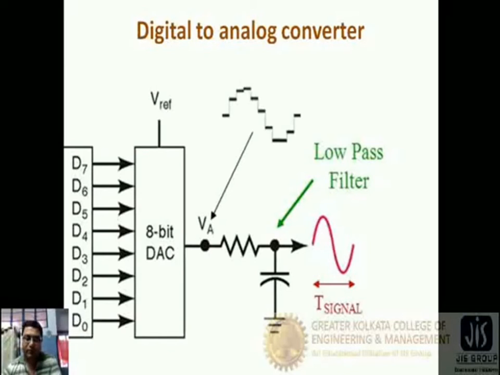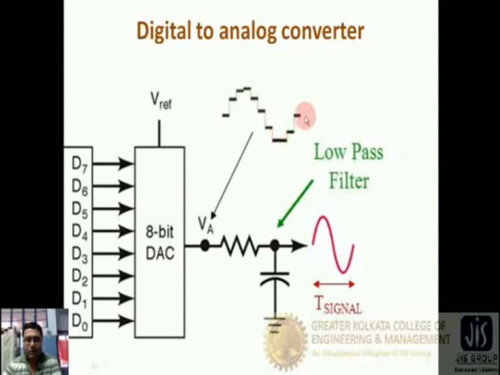So in case of conversion of the digital signals, these parallel digital signals are converted with the help of an 8-bit DAC, that means digital to analog converter, and we get a signal like this, with certain levels, and this signal is shaped with the help of this low pass filter. It is a low pass filter, a resistance followed by a capacitor.